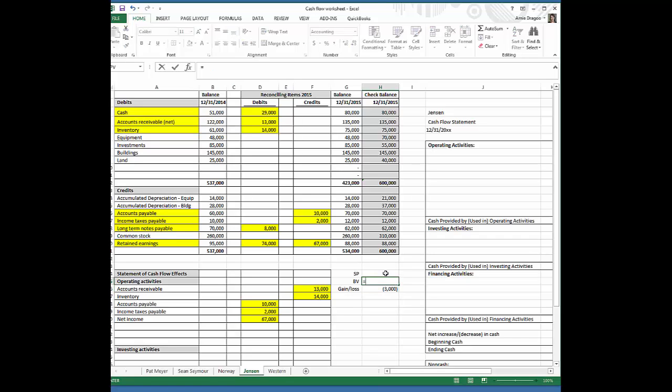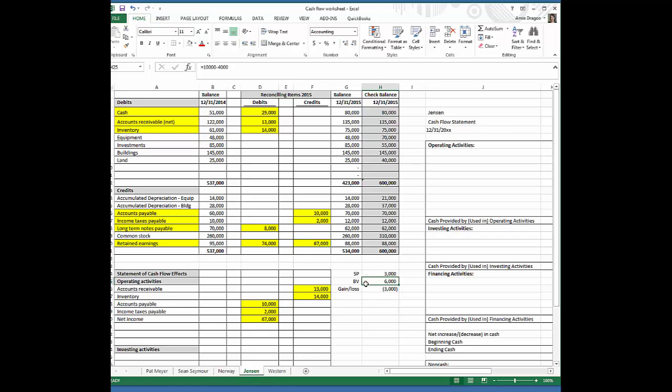The book value is going to be the original cost of $10,000 minus the accumulated depreciation of $4,000. So if we think about this, we would have lost $3,000 on something that was on our books for $6,000. That indicates that I would have had a sale of only $3,000, a selling price of only $3,000. So I took in $3,000, the cost was $6,000, and so I had a loss of $3,000.